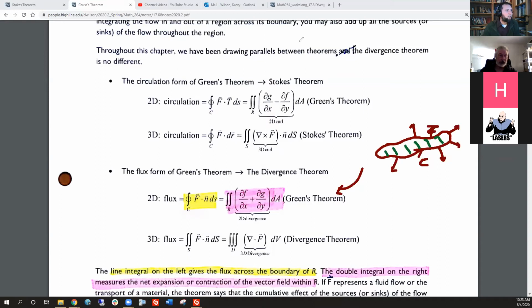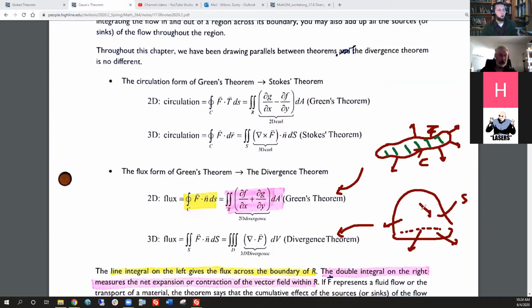But when we're looking at the 3D version, now suddenly there's going to be a surface. So this is our S. When we're looking at the flux, we're looking at the perpendicular components across kind of the outward part across a surface.